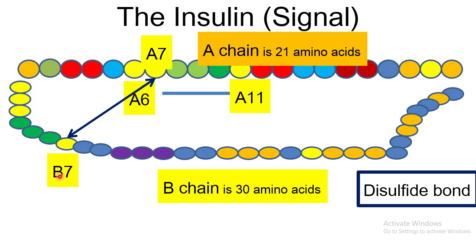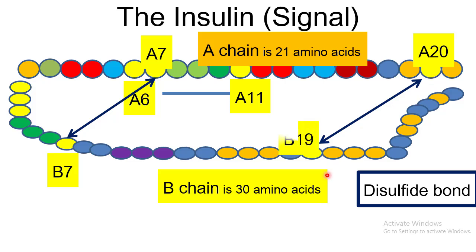Another interchain disulfide bond is made between amino acid number 20, which is a cysteine, of course, and the cysteine present at position number 19 in the B chain. The collective power of these disulfide bonds, the interchain and the intrachain disulfide bonds, is responsible for the stability of the signaling molecule.